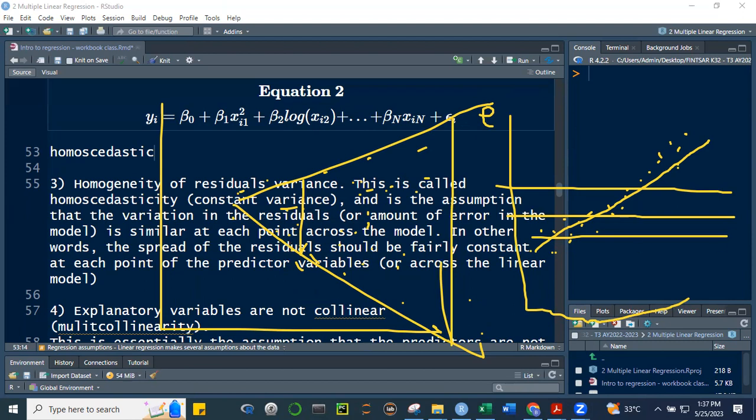Across the bigger values of your fitted or your x, okay, lumalaki yung variance. Okay? So, non-constant mean, non-constant yung variance. In that case, we have what we call a heteroscedastic residuals. Heterogeneous yung residuals natin.